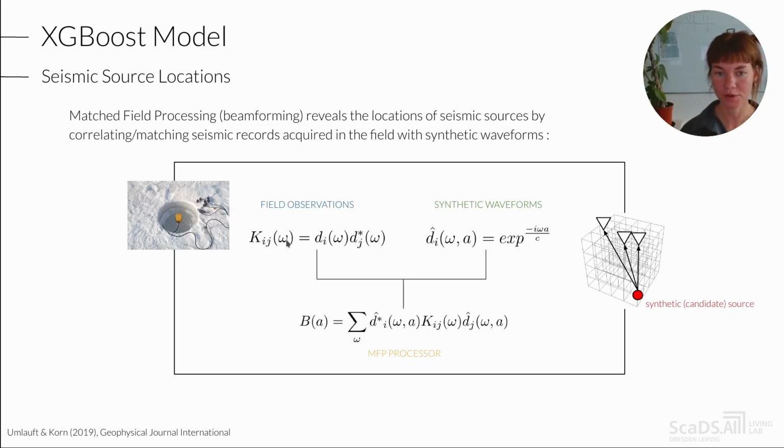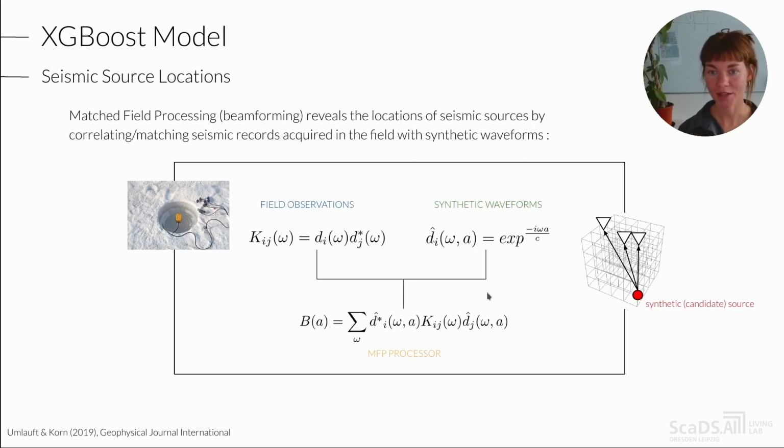And for a certain frequency, or you can also do that for a certain frequency band, we correlate the spectrum of one station with the complex conjugate spectrum of another station. And that we do for all station pairs, and that kind of gives us the representation of our measured wave field in a certain time window for a certain frequency band that we measure in the field.